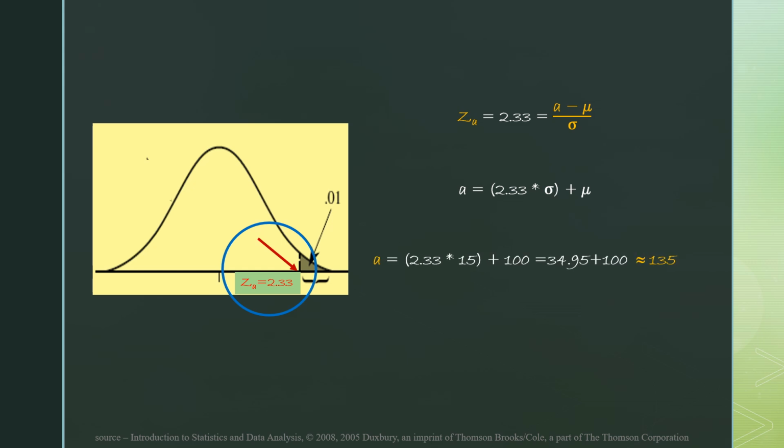Substituting the values for sigma and mu, we have A equals 2.33 multiplied by 15 plus 100, which equals 34.95 plus 100, which approximately equals 135. And thus, the IQ value A that divides the top 1% of IQ scorers from the rest equals 135.